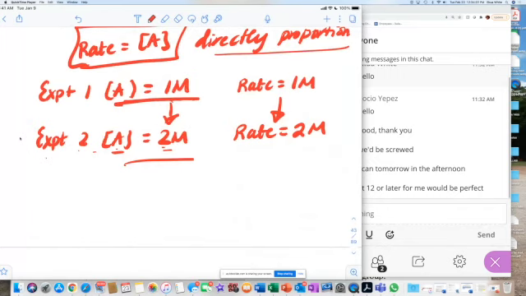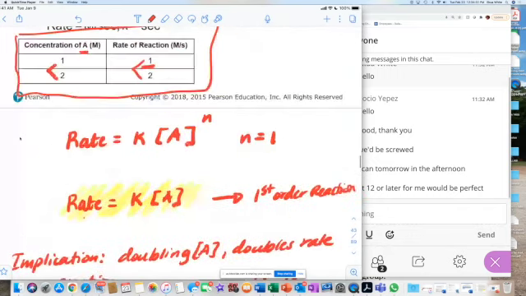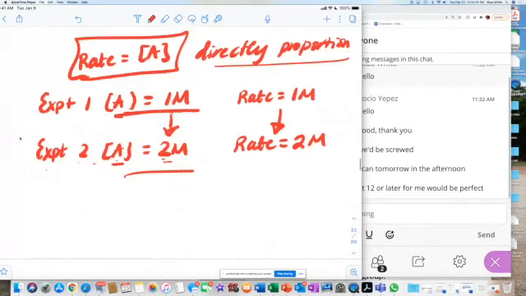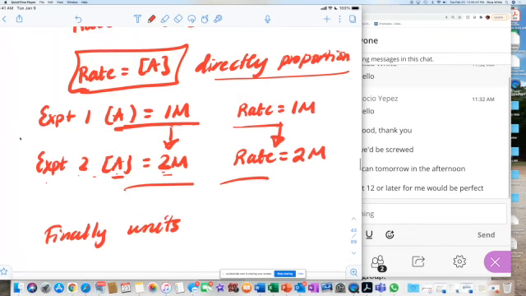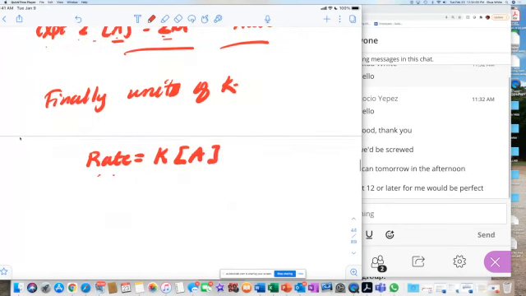So anyway, now let's look at the second order, right? Let me make sure I've covered all the things that we need to know right here. Oh, I've forgotten the units. We have to know the units. So you see right here the relationship, right? So finally, the units. Unit of K. We know that rate in this first order is equal to K times the concentration of A. Rate usually has a unit of M over second.